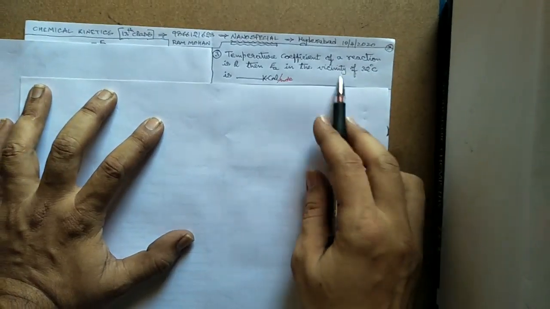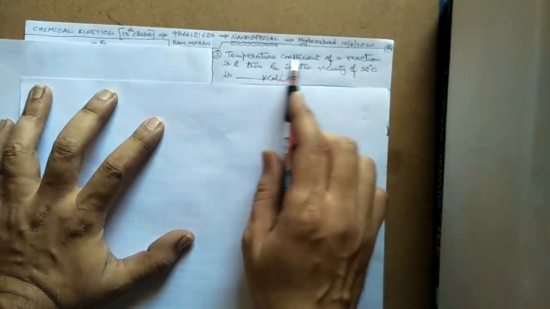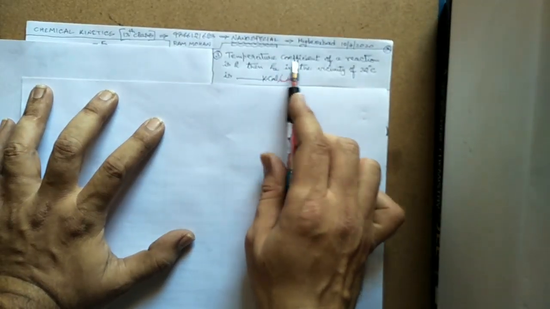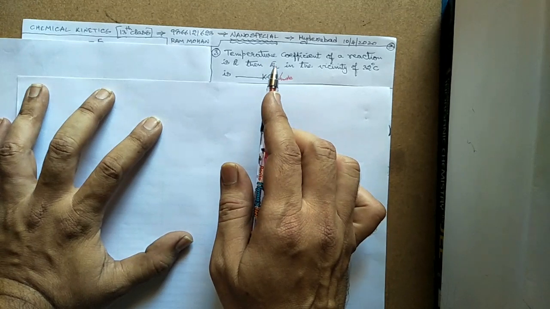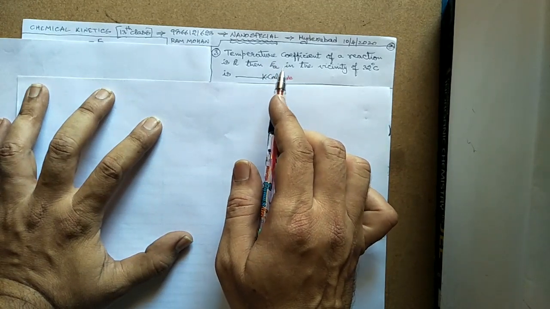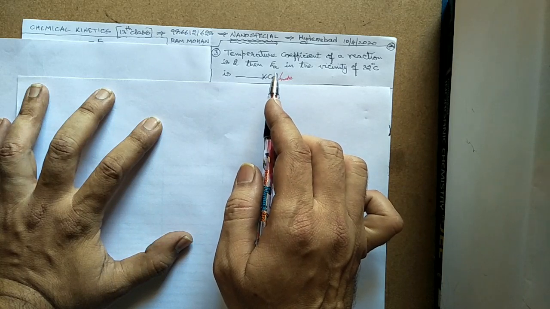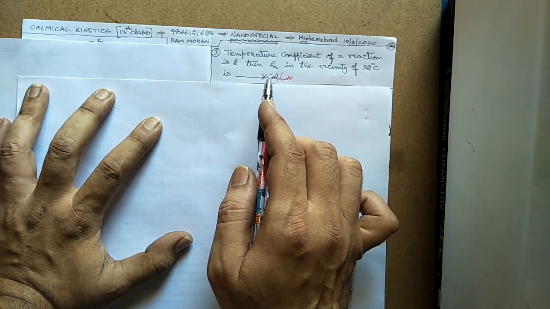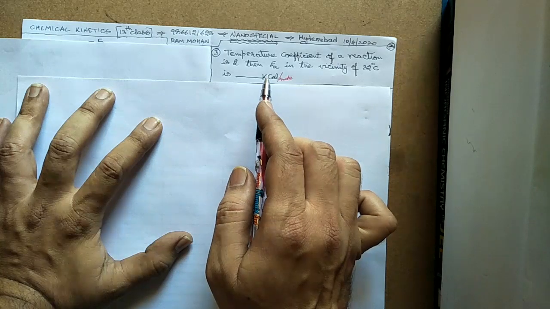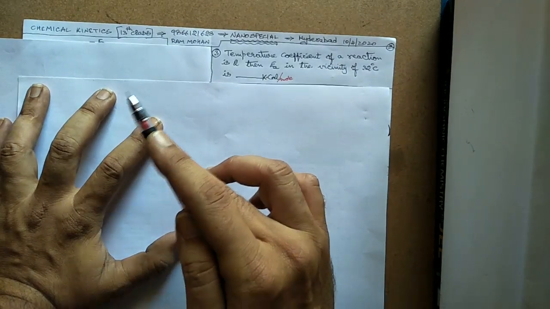Now, what is meant by vicinity of 32 degrees Celsius? We know very clearly temperature coefficient means Kt plus 10 by Kt. Generally, T is 25 plus 273, that is 298 Kelvin, and then 308 Kelvin.